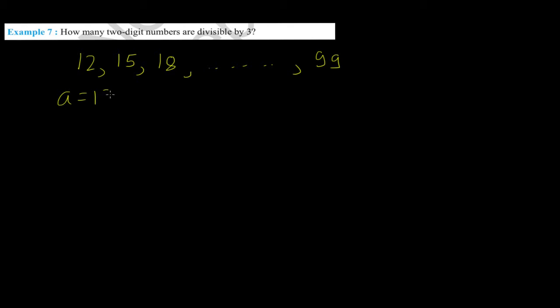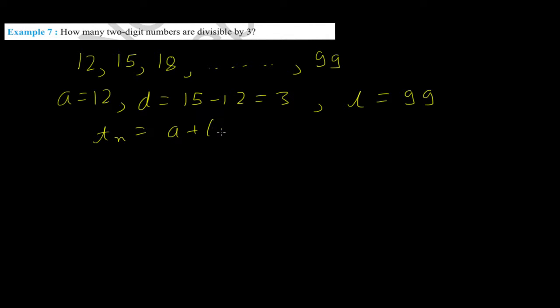So we have a as 12, d as 15 minus 12 is equal to 3, and we have our last term as 99. So we just need to find which term is the last term. So we write tn as a plus n minus 1 times d. So let's take our last term here. So last term is 99.